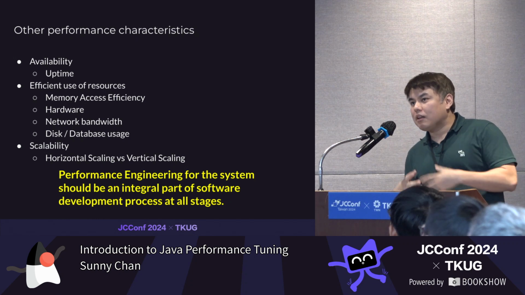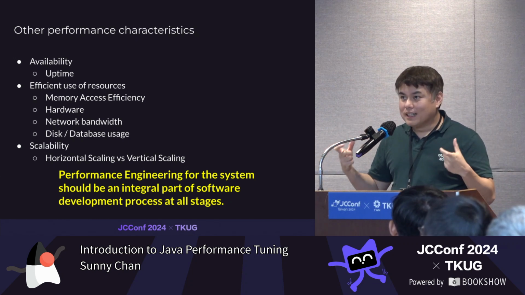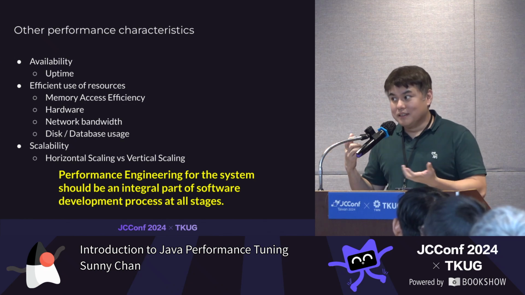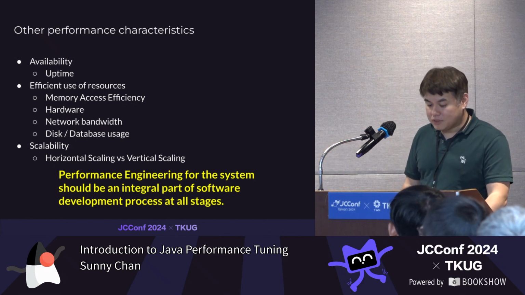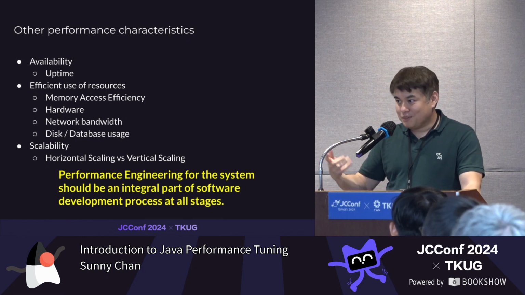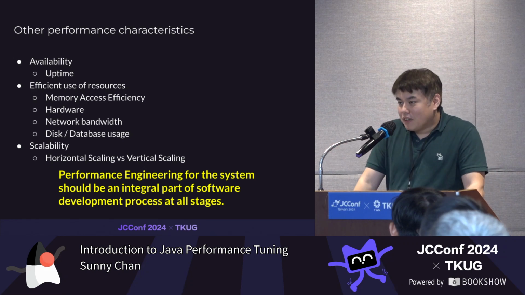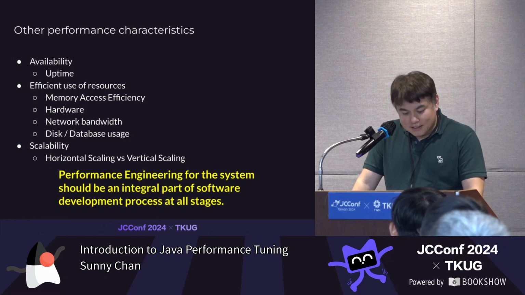A lot of the time we measure throughput and latency, but there are also other characteristics that we want to think about. For example, the uptime. Your boss will ask you how much downtime we have for our system. So that's availability.